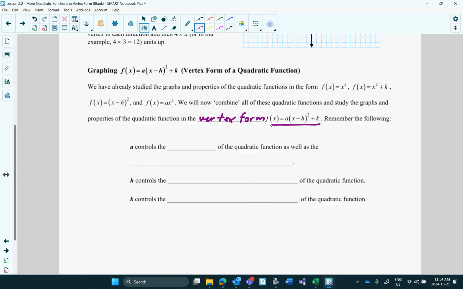So A controls the stretch of the parabola, specifically vertical stretch, as well as the direction of opening, whether it opens up or down.